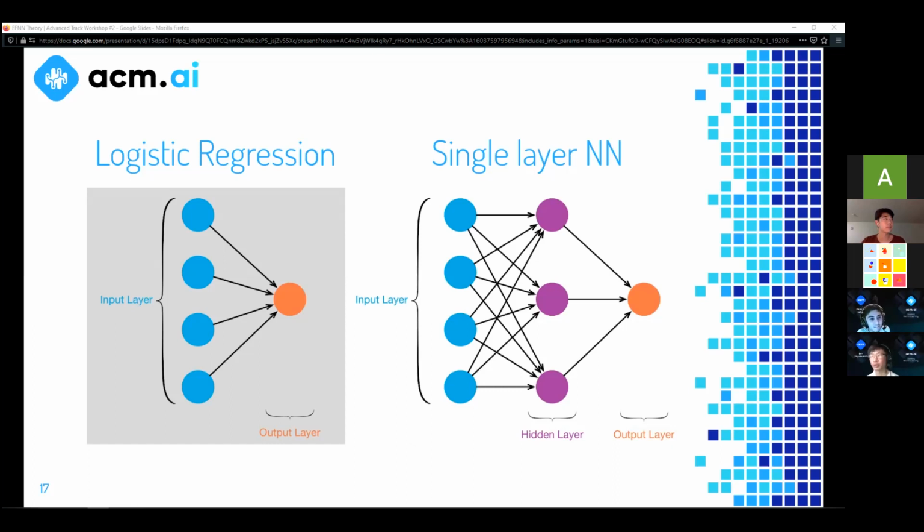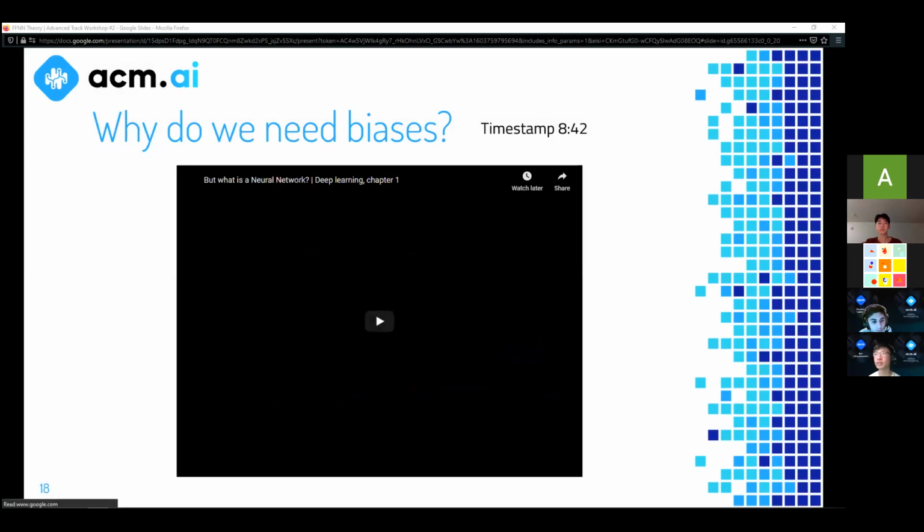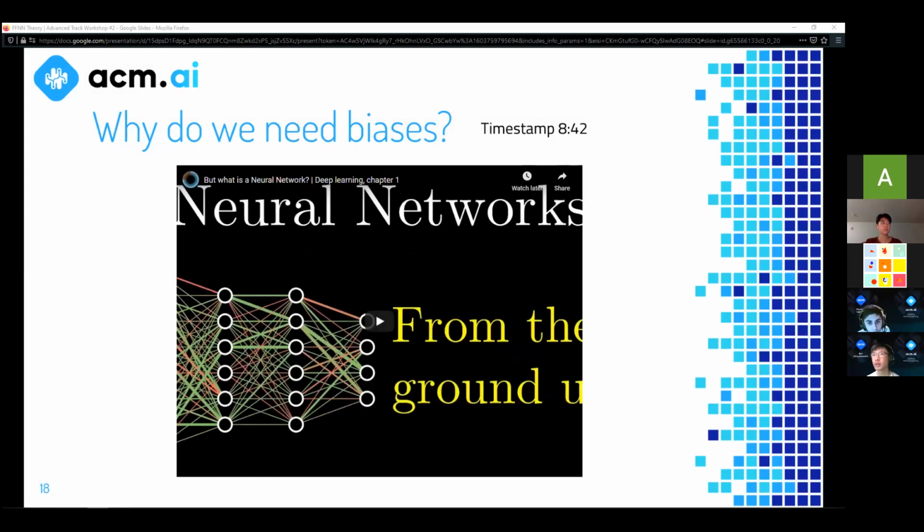We're hand-waving a lot of this, but once we get to convolutional neural networks, it gets a lot more intuitive. On this next slide, we're going to play a video. If you have some time, it's a really great video explaining neural networks, and it gives you intuition for why having more layers or more neurons gives more predictive power.